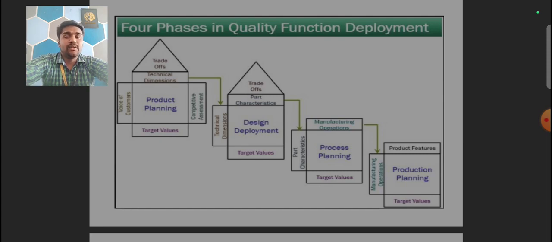Then the design deployment. In design deployment, we have to find 3 sectors. The target value will be common for all, so the second and third aspects will be different. For design deployment, technical dimensions and part characterization have to be carried out. If a product needs to be designed, it has to attain the process of manufacturing.